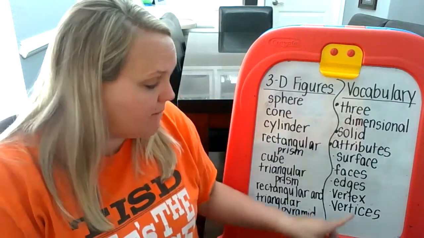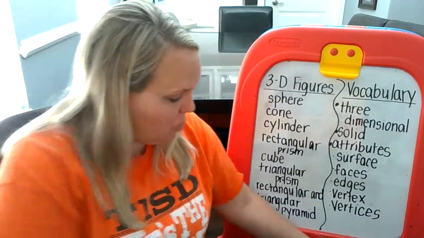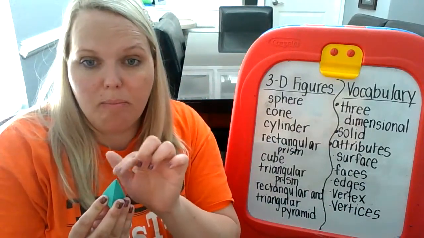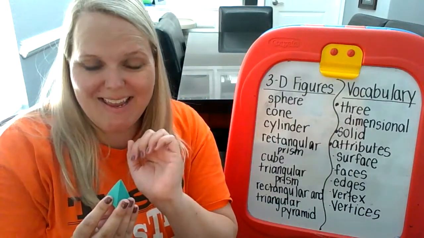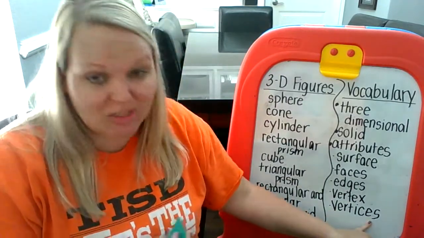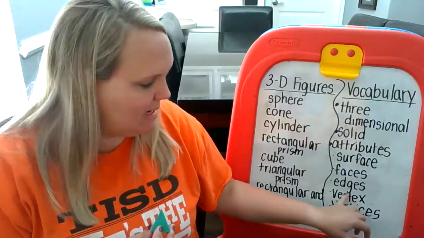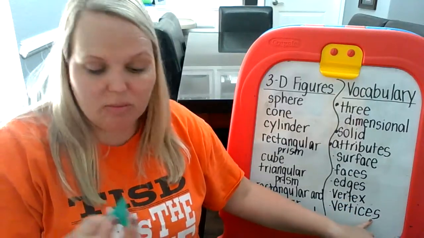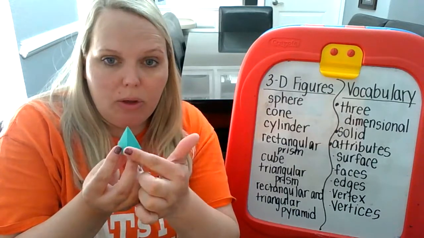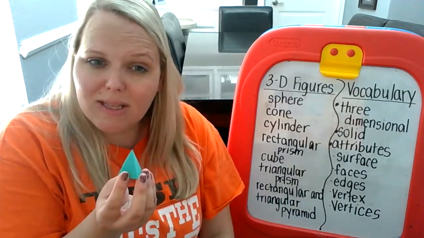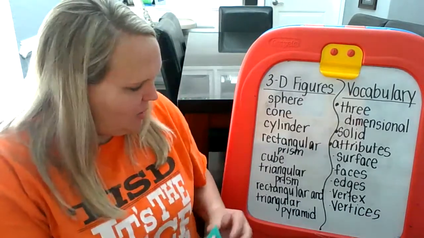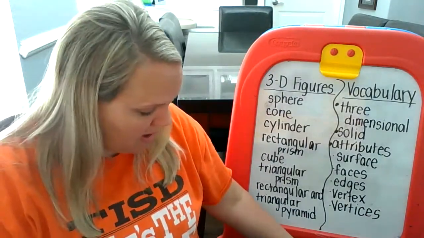And a vertex is when all the edges come to a point. Vertices just means more than one, so vertex means one, vertices means more than one. So on this shape, there's 1, 2, 3, 4 vertices, and sometimes you might have called those corners. So those are our vocabulary words for the week.